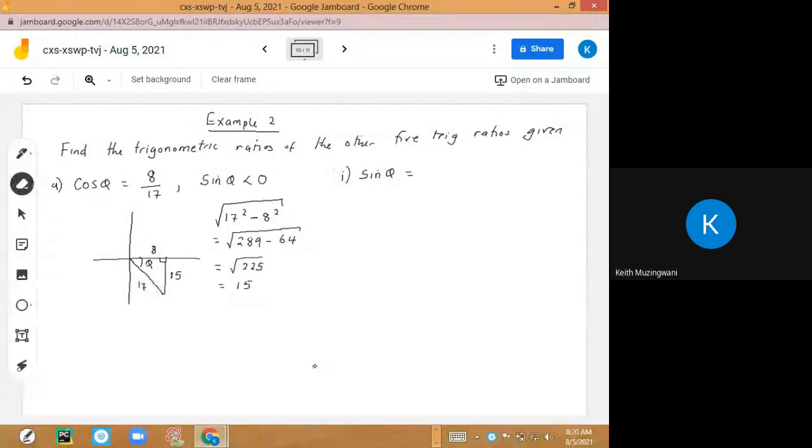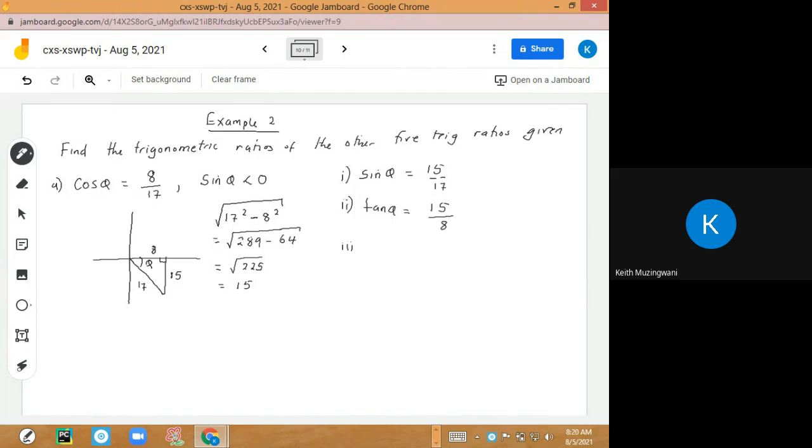So 1, what is sine theta? Opposite over hypotenuse, so 15 over 17. 2, what is tan theta? Tan theta is opposite over adjacent, so opposite 15 over adjacent 8.